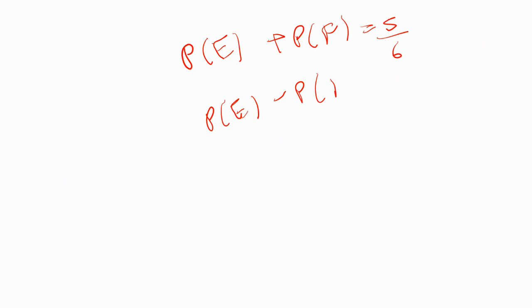So the first condition we have is probability of E plus probability of F is 5 by 6. Probability of E minus probability of F is greater than 0.